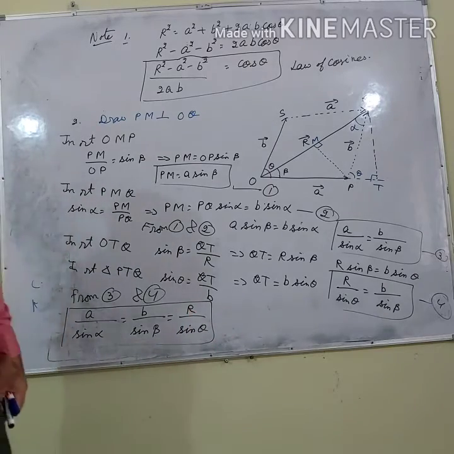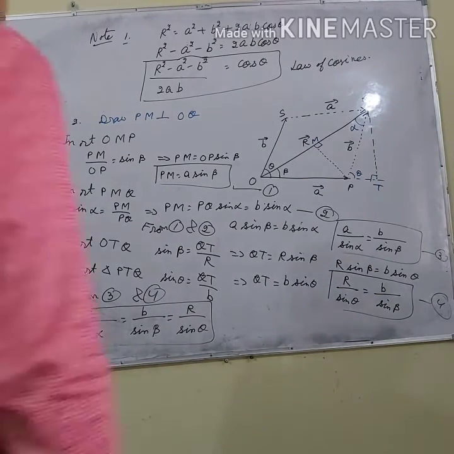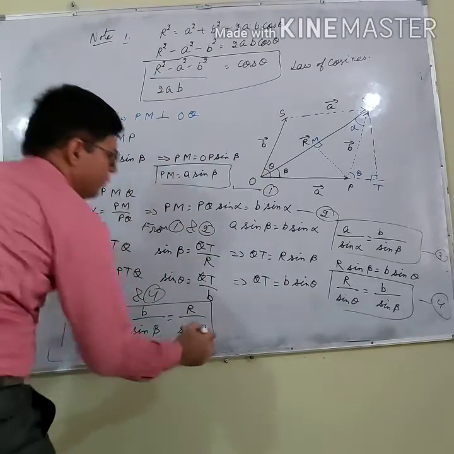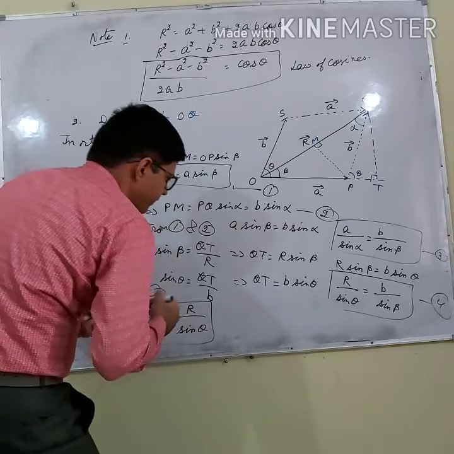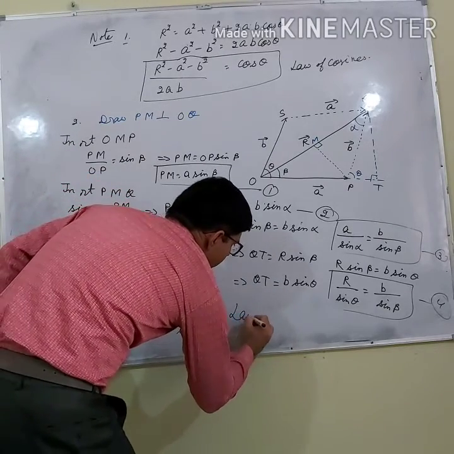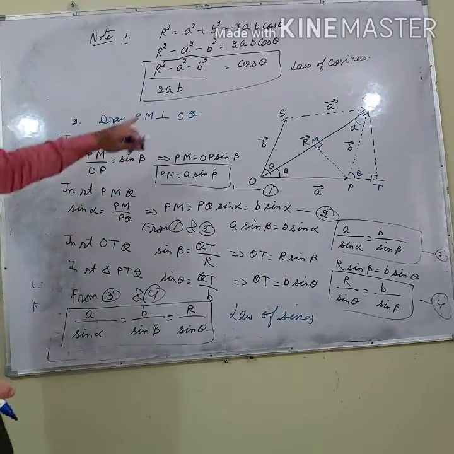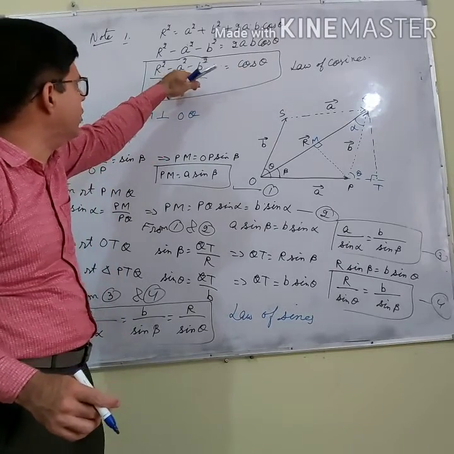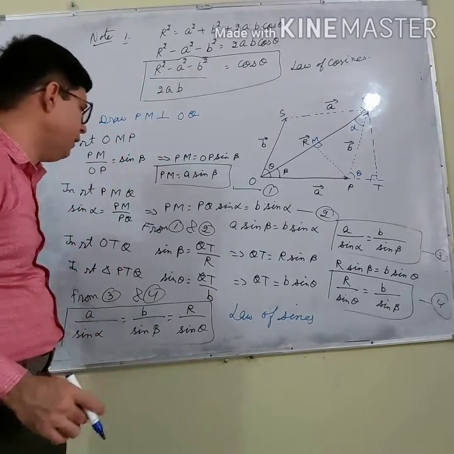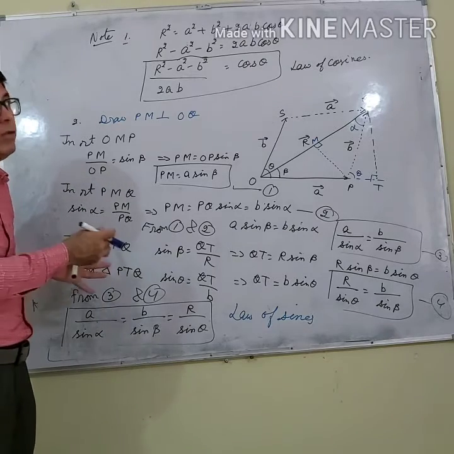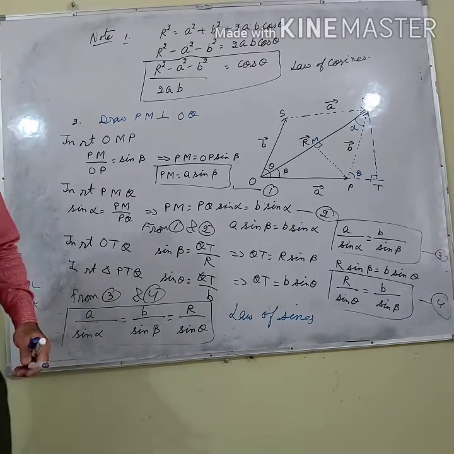This is the law of sines. So the cosine law means cos theta equals (R square minus A square minus B square) by 2AB, and the law of sines means A by sine alpha equals B by sine beta equals R by sine theta. We will use these formulas in the numericals.